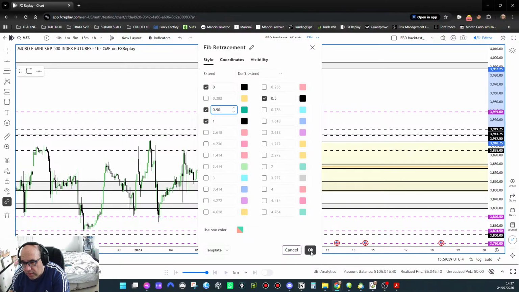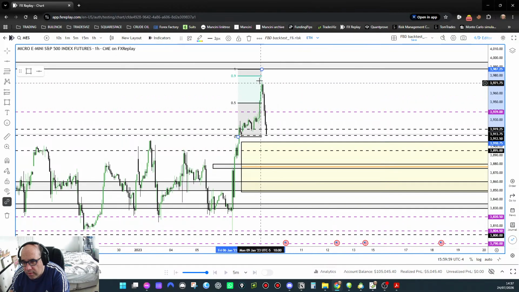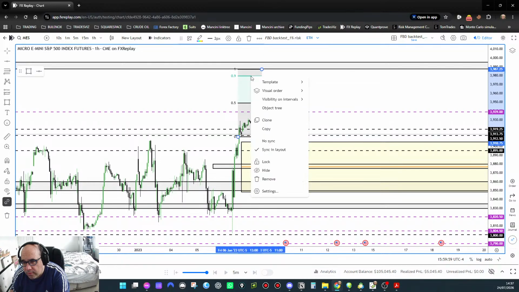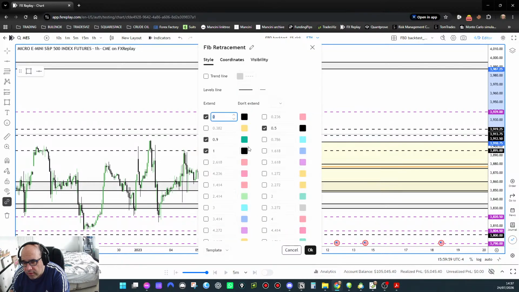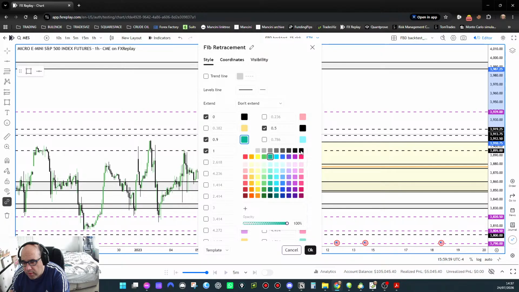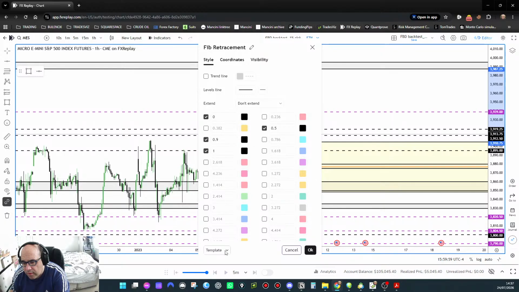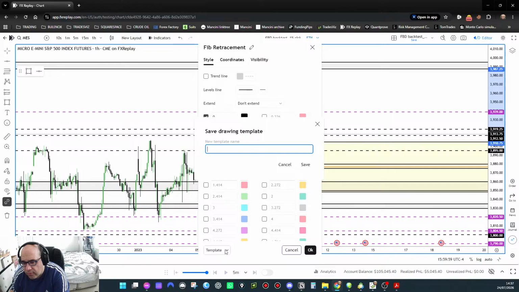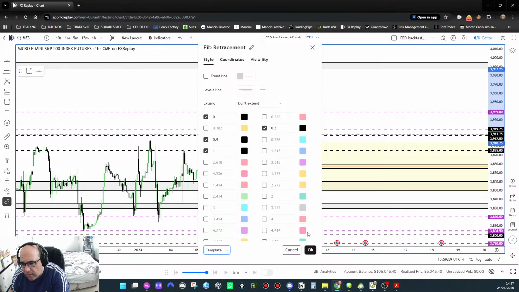Let's see if that works, yeah. It's gonna do it black as well. Otherwise, we want it black and save as black default. Right. Okay.